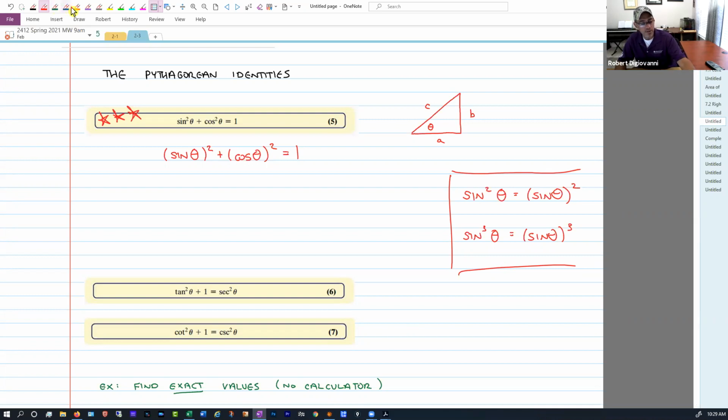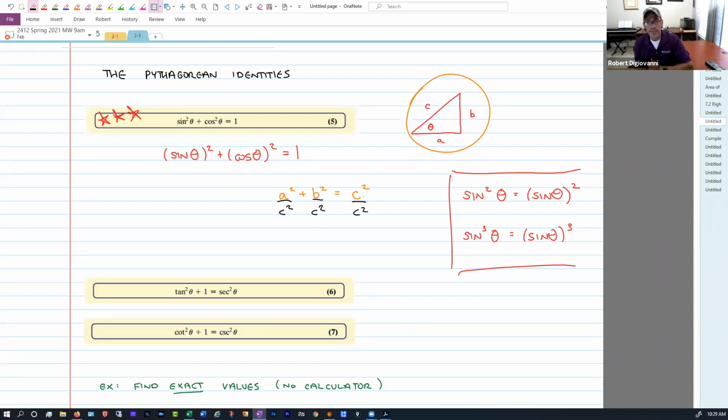So all we do is take the Pythagorean theorem, a squared plus b squared equals c squared, right? Very simple next step, but it's not something you would just naturally think to do. I'm just going to divide everything by c squared. I can do that because it's an equation. I can divide both sides by anything I want other than 0.